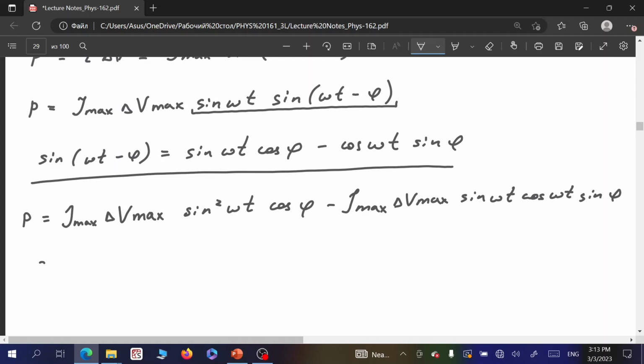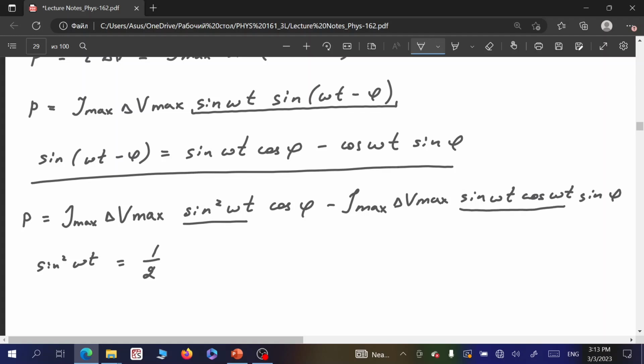We have shown earlier in our discussions that when we average sinus square omega t over one period, it gives us 1/2. So we keep that in mind. This is the part from the first term.